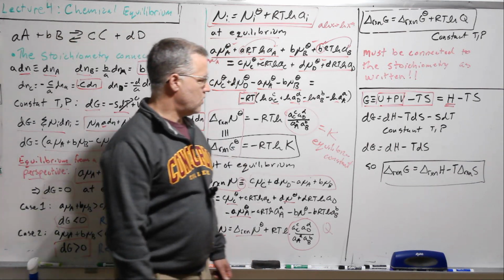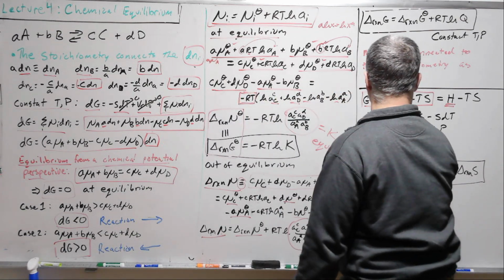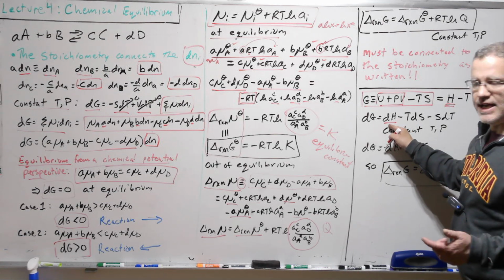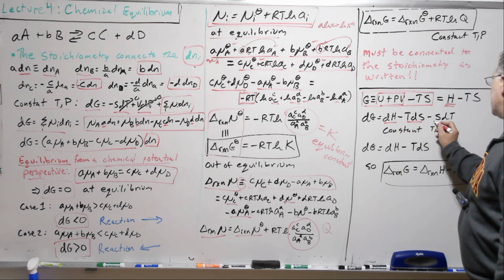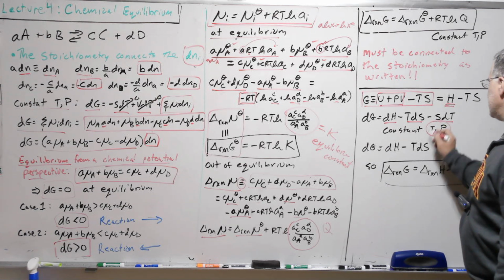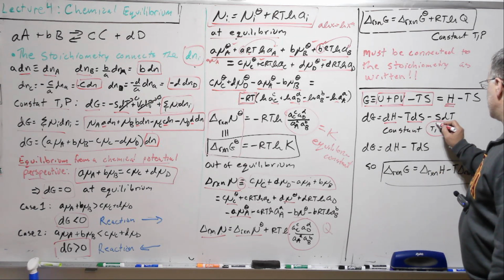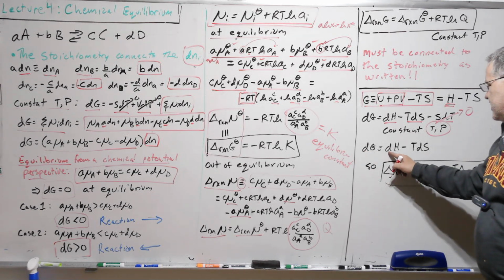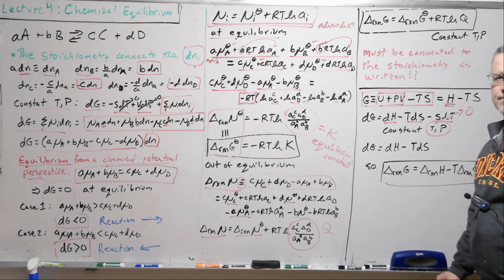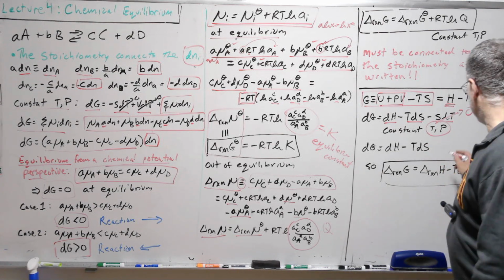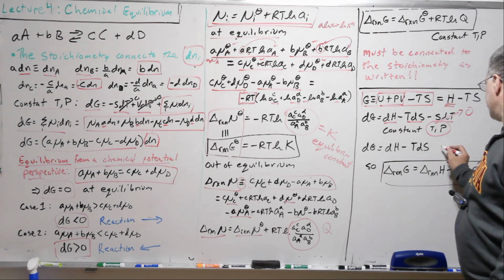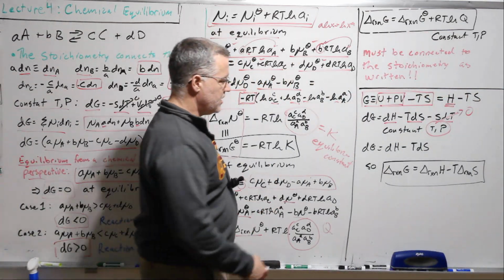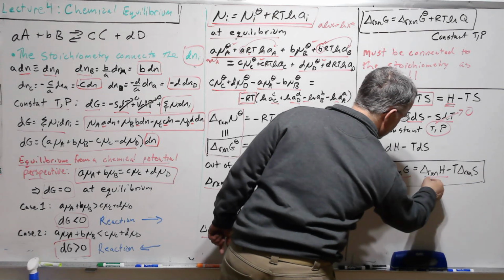And so delta G is DH, and I'm just going to leave it as DH, then TDS minus SDT, but we're going at constant temperature and pressure, so this goes to 0, and so DG is DH minus TDS. And this is always true for constant pressure and constant temperature.